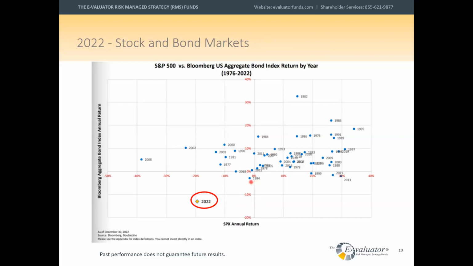There's been only one other time where we've seen stocks and bonds down to a measurable amount, let's just put it that way. And that was 1994. That blue dot right above my marker indicates that stocks posted a loss and bonds posted a loss. Almost always one or the other has posted a gain, with the exception of 1994 and 2022.